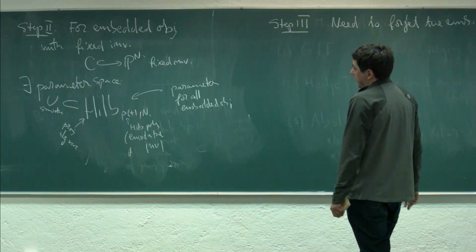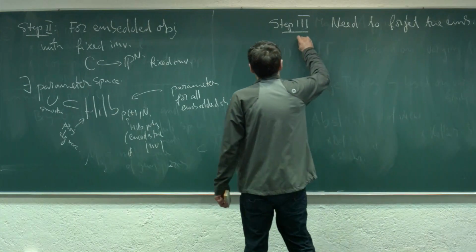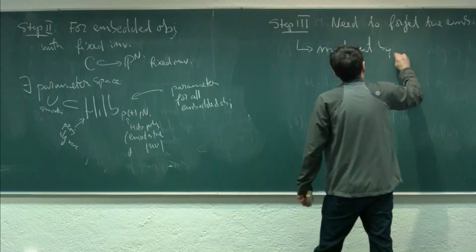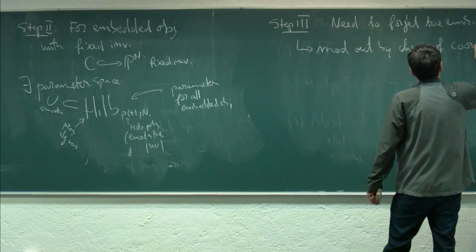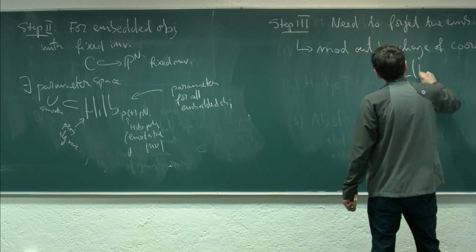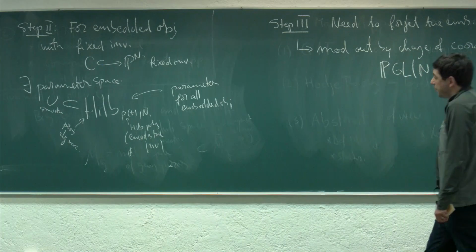So basically you need to mod out by change of coordinates, which in this case means that you need to mod out by PGL(N+1).